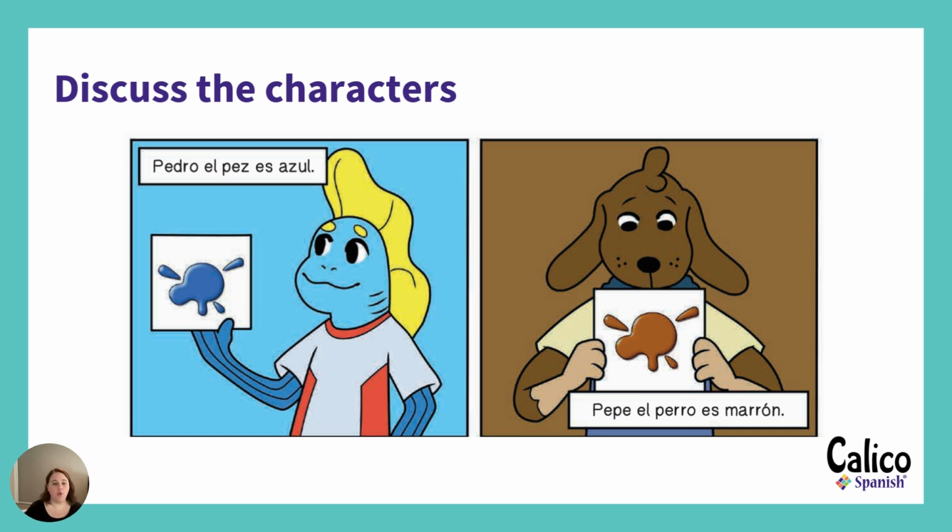We know how old they are. They're able to describe them, who their friends are, what they like to do. And that becomes really important because as our comics develop and continue on throughout each level, we do try to build on those previous characteristics that were developed in previous comics.